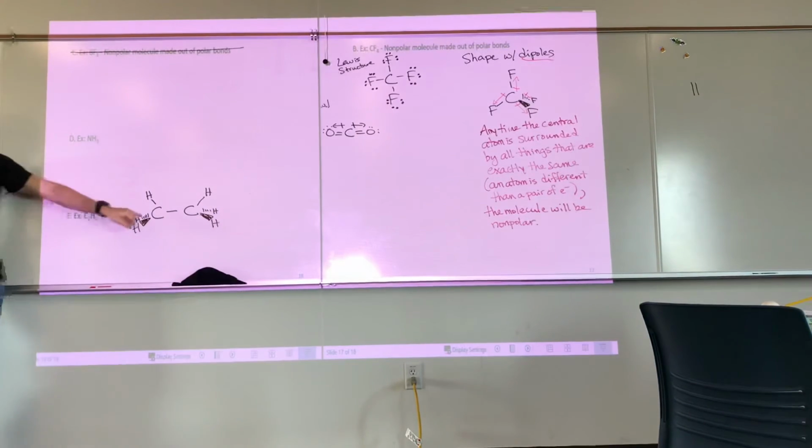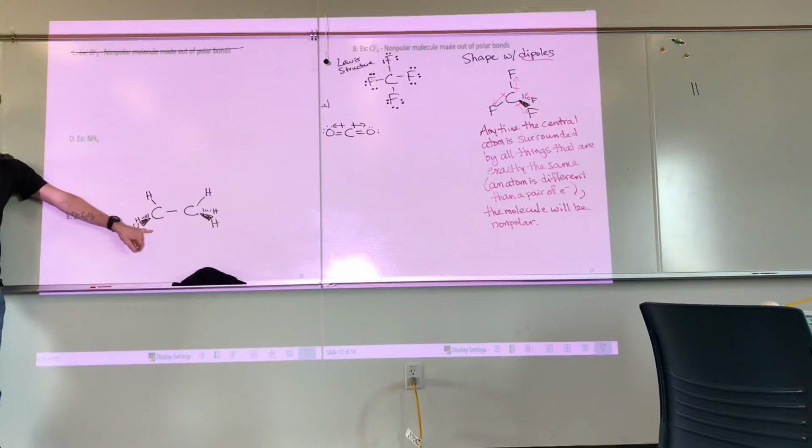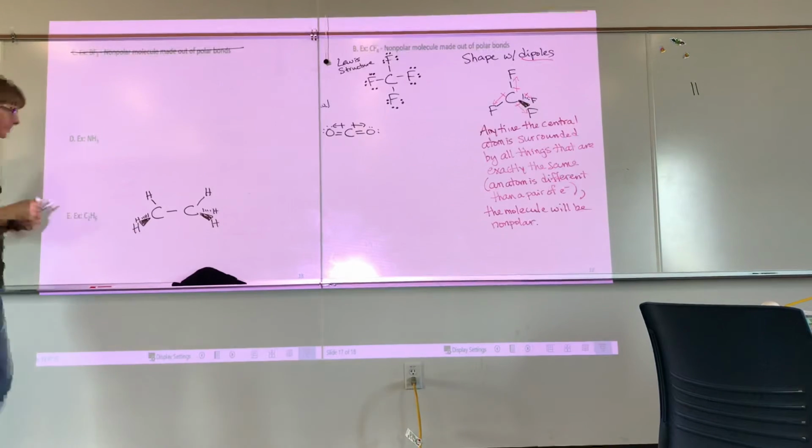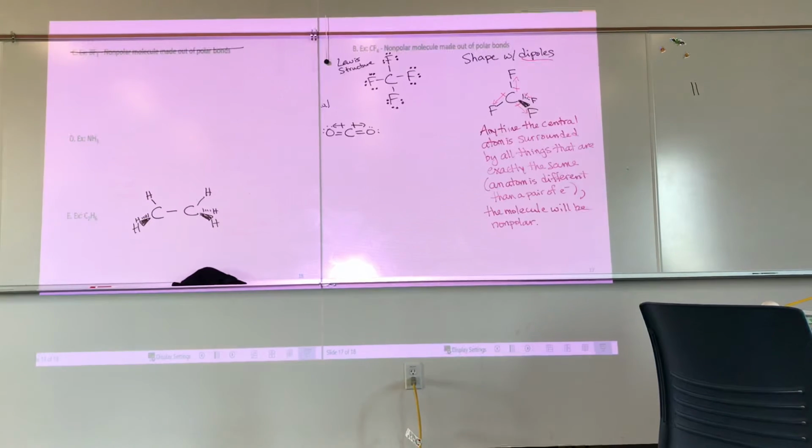Ethane's kind of interesting because each of the carbons in it is a tetrahedral atom or has a tetrahedral electron geometry. I'm going to draw it something like this. If I were to draw the dipoles, which atom is more electronegative? Hydrogen or carbon?